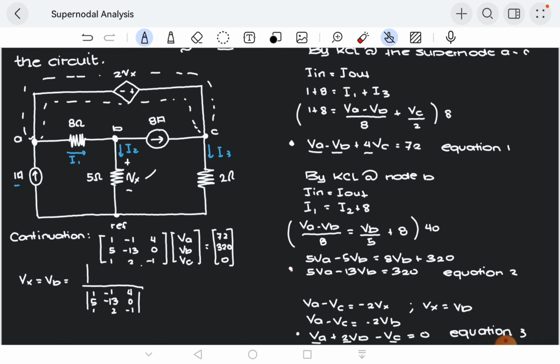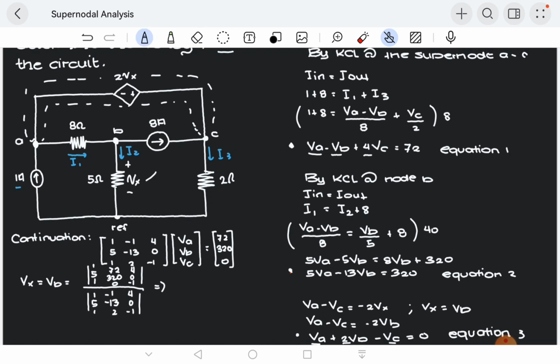And for the numerator, replace the second column by 72, 320, 0, and then copy the first column and the third column. So therefore VB equals, using the calculator, negative 62 over 5 volts.